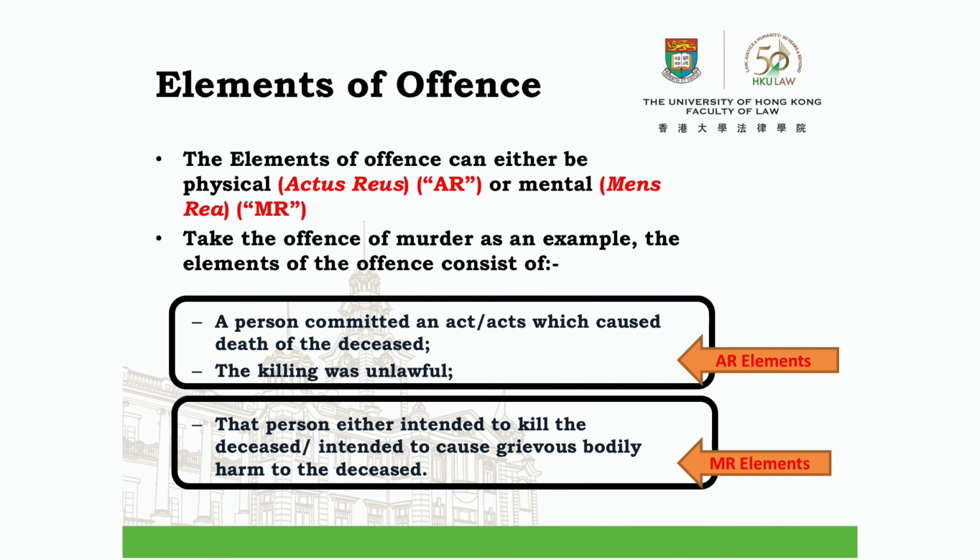So it's not enough to convict a person because you still have to look at the mens rea element, that is the mental element of the crime. So if you're a prosecutor, you still have to prove that that person intended to kill the deceased or intended to cause serious bodily harm to that particular person. So it's only when all these elements, physical and mental elements, are fulfilled, then you can say that the court may convict a particular person.